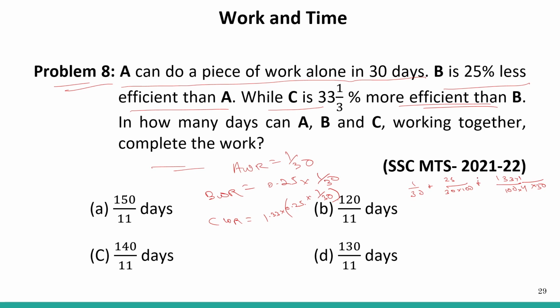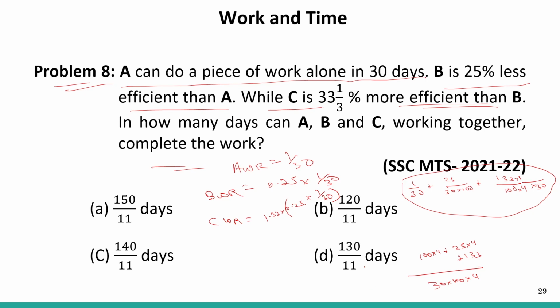Okay, so this will be the combined work rate. So how many days will they take? It will be 100 into 4 plus 25 into 4 plus 133 whole by 30 into 100 into 4.